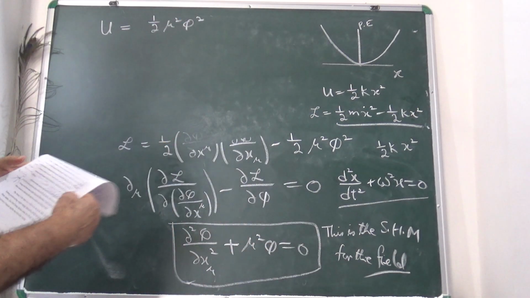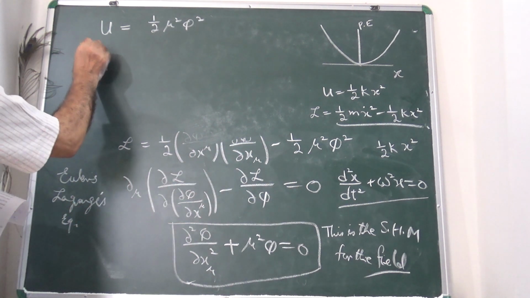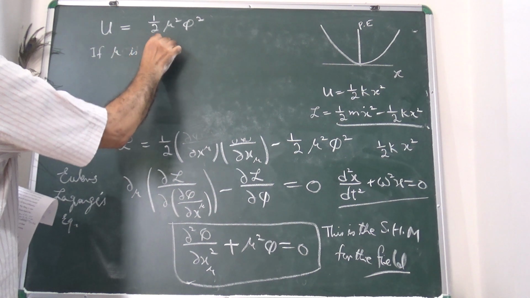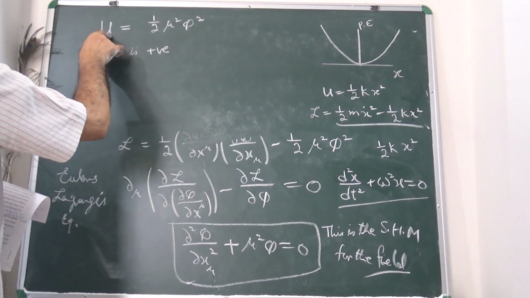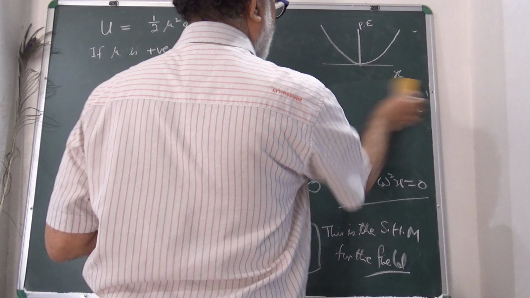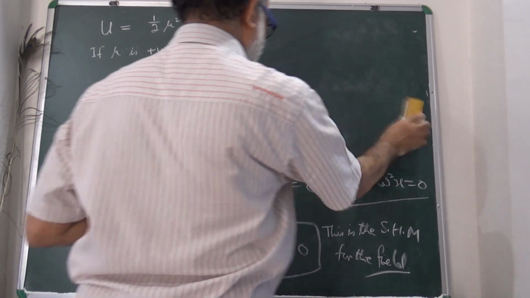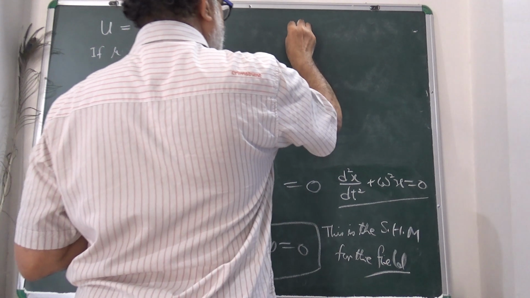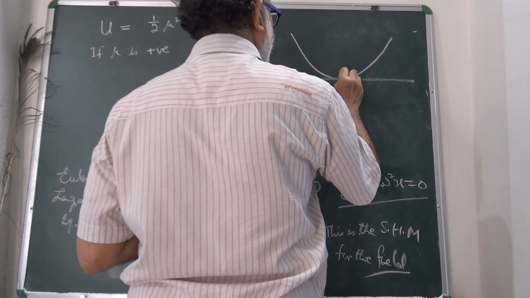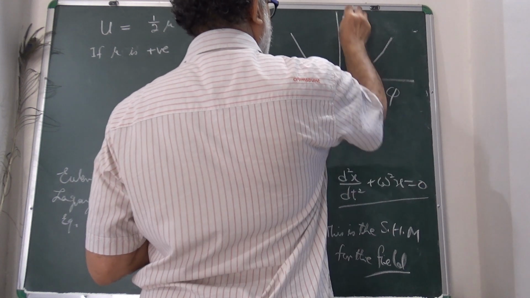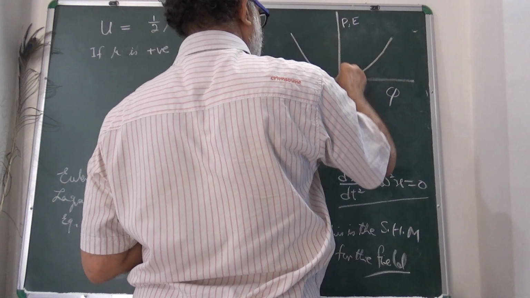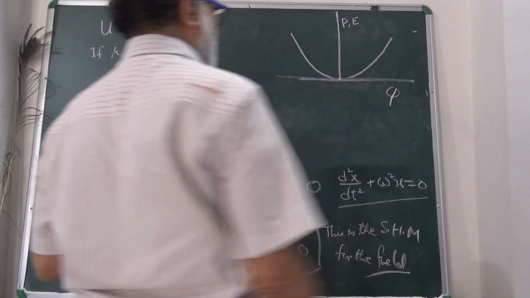So if mu is positive, the variation of potential energy with the field values follows the same parabolic graph, field values here, potential energy here.